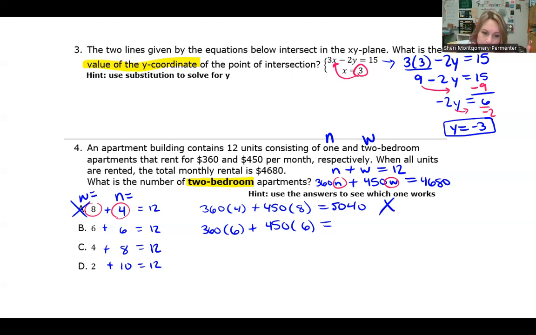Alex, what did you get for the second one? For B? Look at your paper. What'd you get?